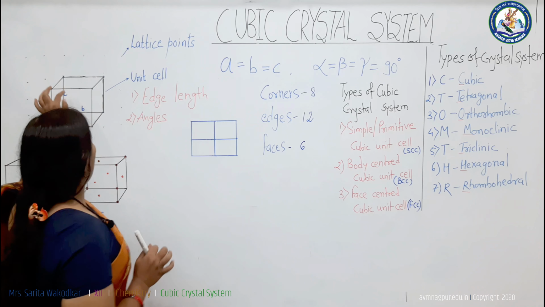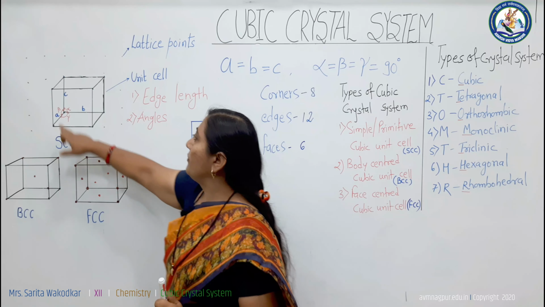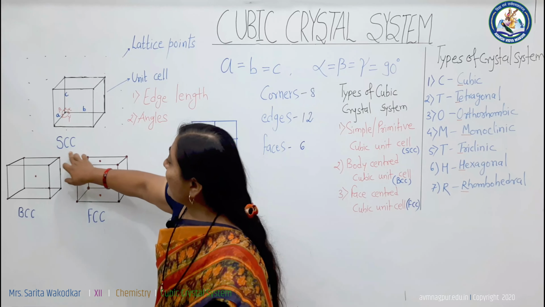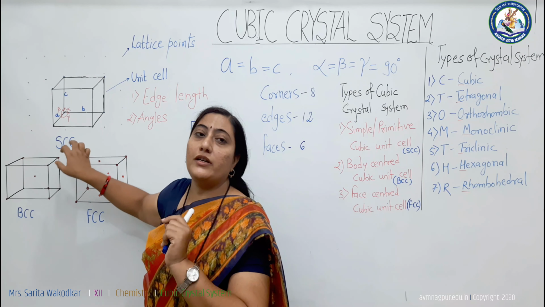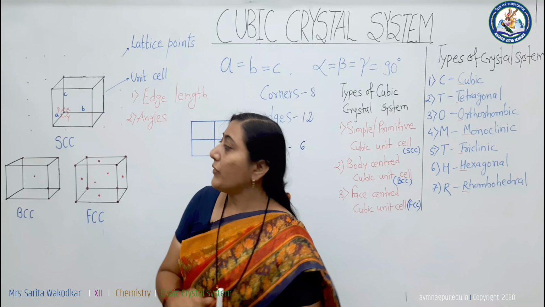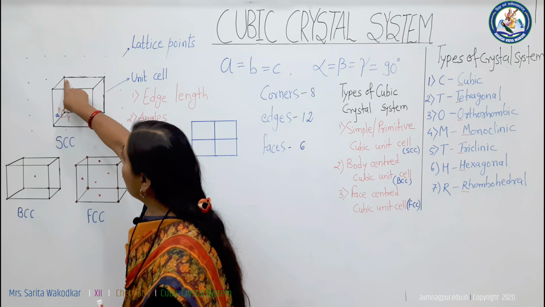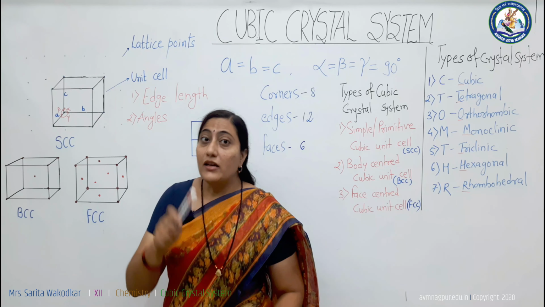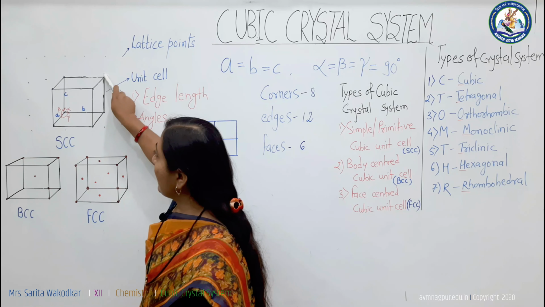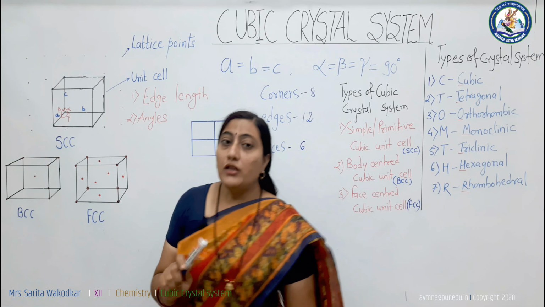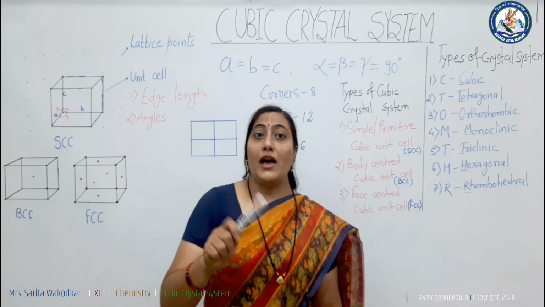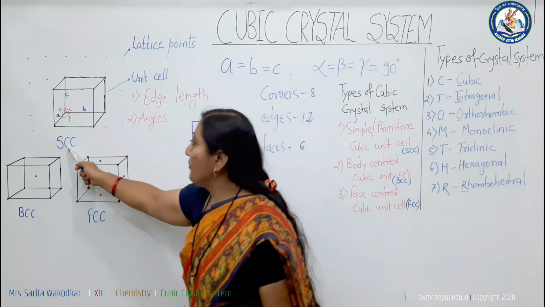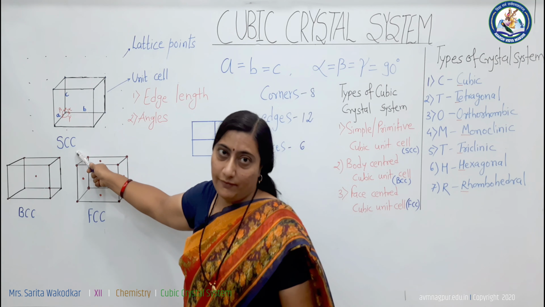As we know, the 8 corners of a cube are occupied by a constituent particle. When we consider the SCC type of cubic unit cell, the simple cubic unit cell possesses the constituent particles at each corner only. At each corner, total 8 corners are present. If the constituent particles are present at corners, that type of cubic crystal system is known as simple cubic unit cell.